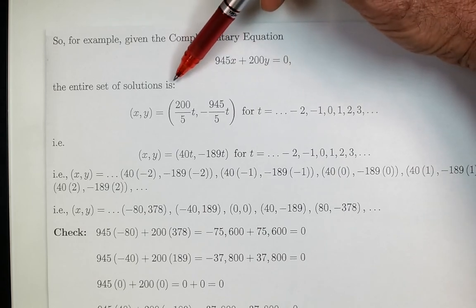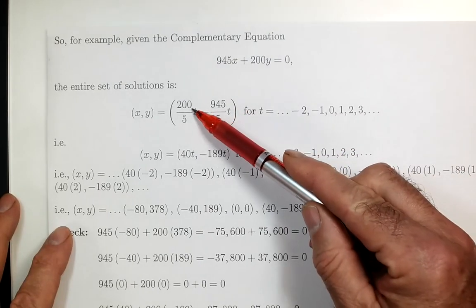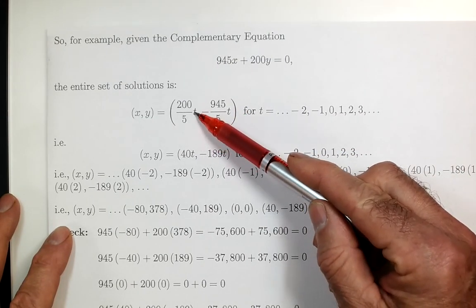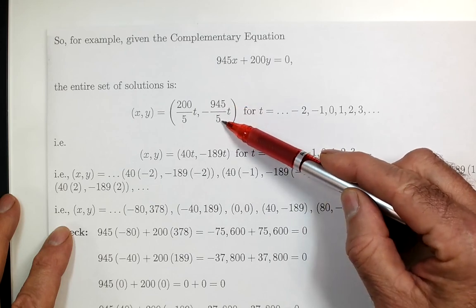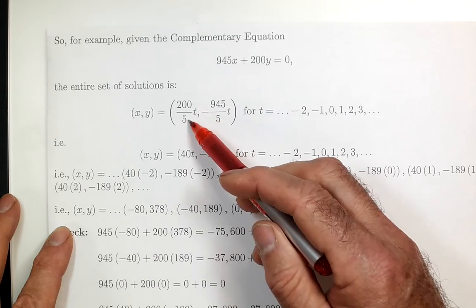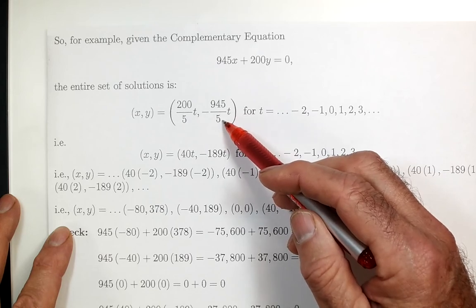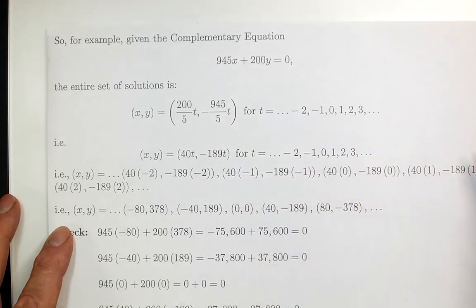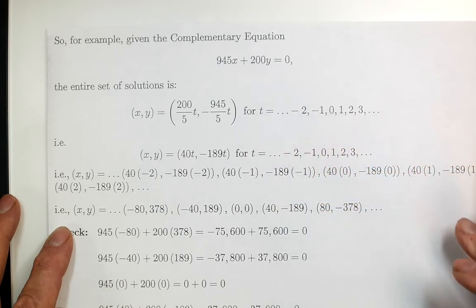Well, the entire set of solutions is b over the greatest common divisor times t, and minus a over the greatest common divisor times t. So this is b over d, where 5 is the greatest common divisor, and negative a over d, where 5 is the greatest common divisor, for all integer values of t.